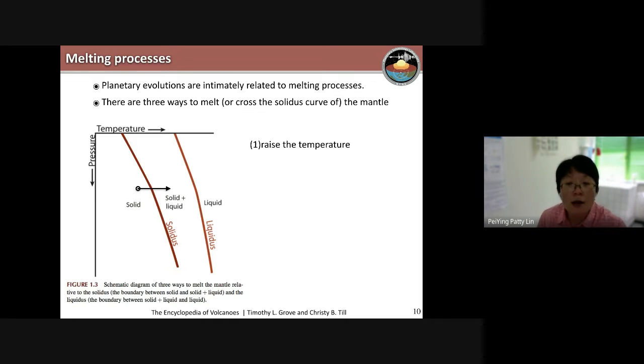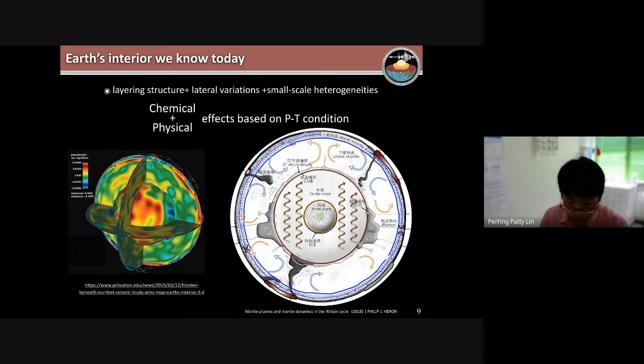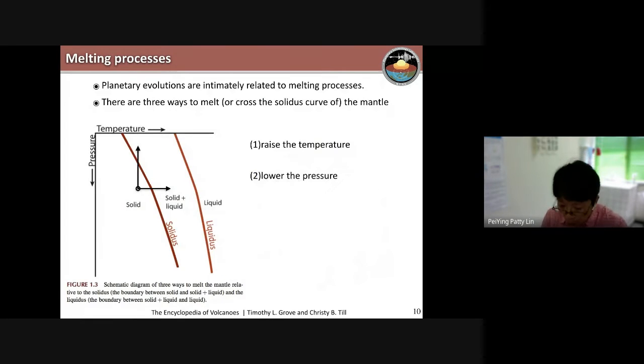The other way is to lower the pressure. By lowering the pressure, you also cross the solidus, and then it starts to melt. We call it partial melt. These are the two ways you can easily think about.